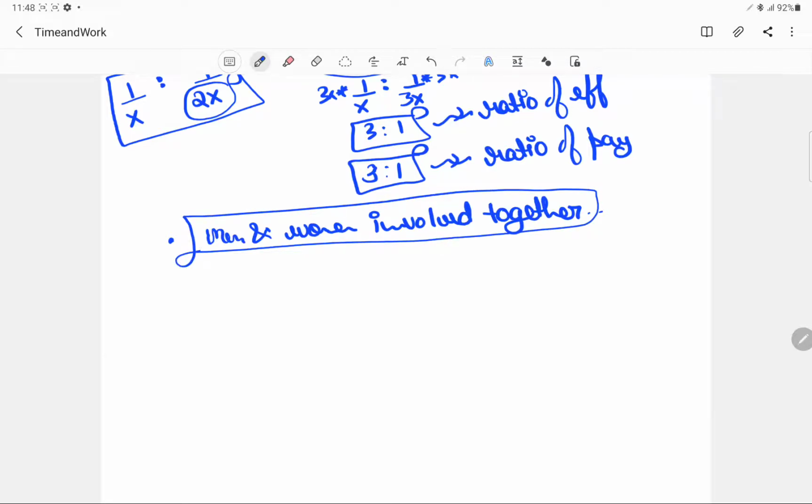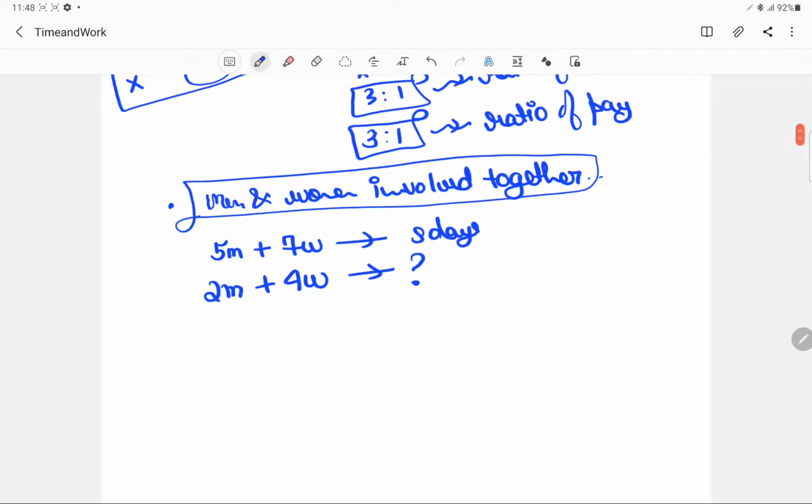For example, the question would be given like 5 men and 7 women are doing their work in 5 days. So what would 2 men and 4 women end up in, and all those things. In that also we will follow the same approach. For example, say the 1 day work of a single man is 1/x.